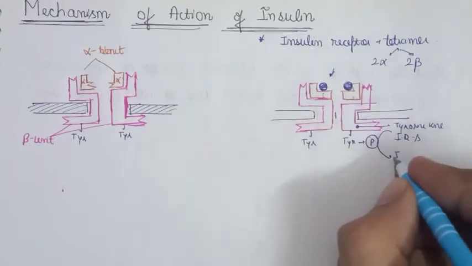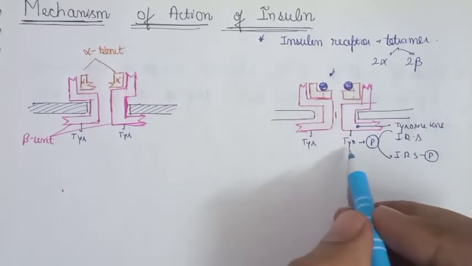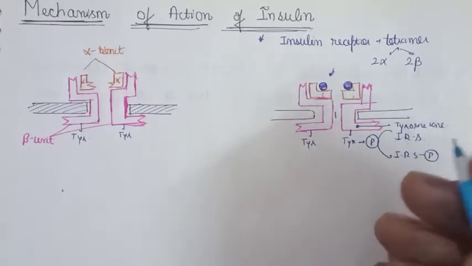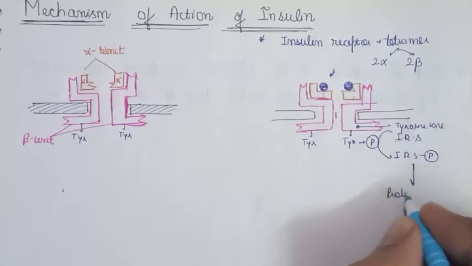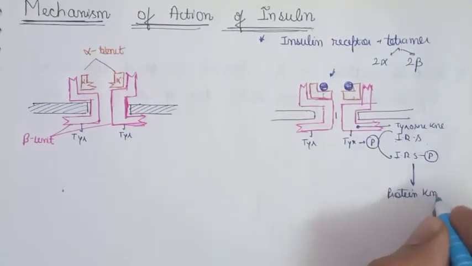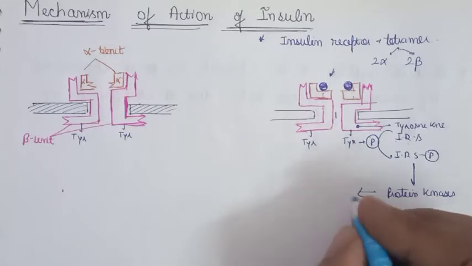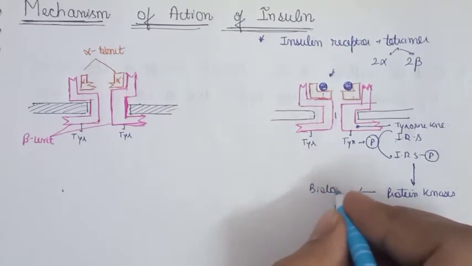So tyrosine residues are phosphorylated, and insulin receptor substrates are also phosphorylated. So this activates some protein kinases. And I think you might all know protein kinases are very important for activation or deactivation of some enzymes. So this can lead to biological changes.